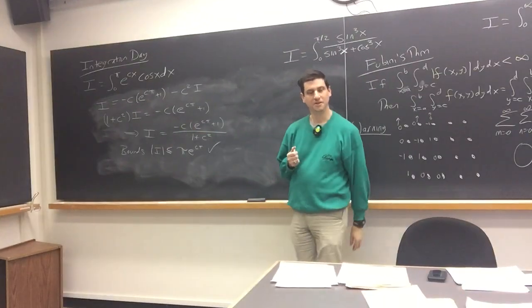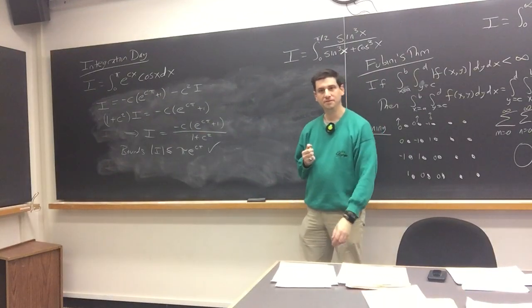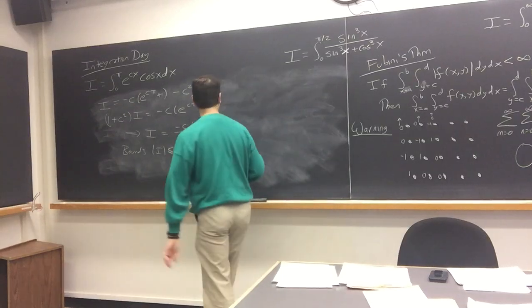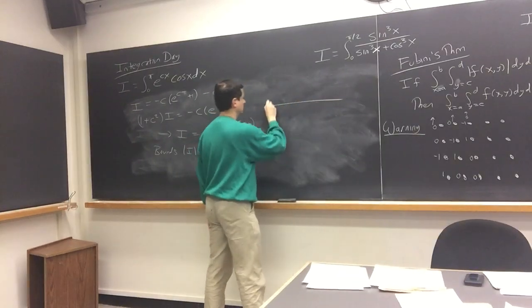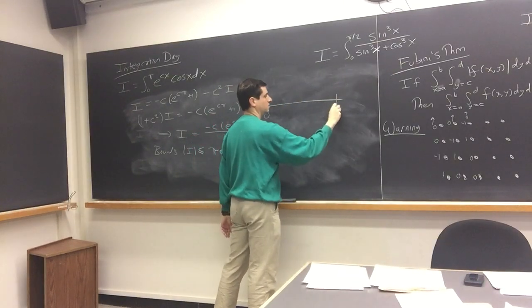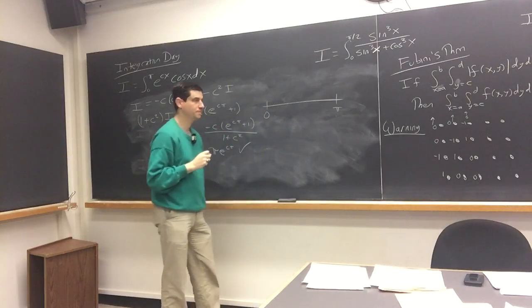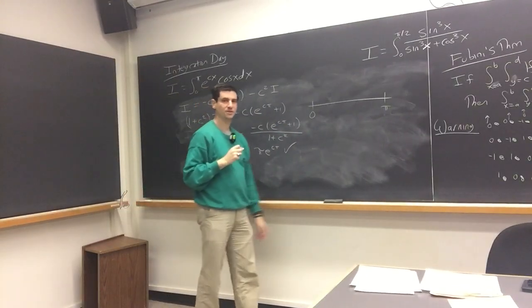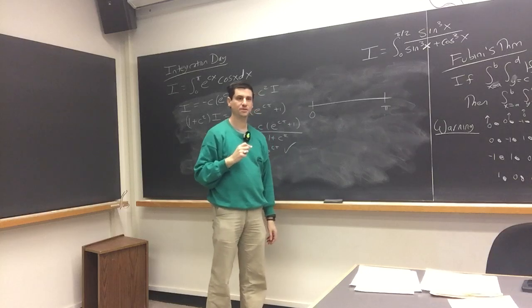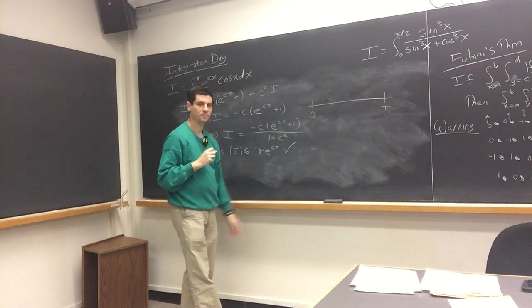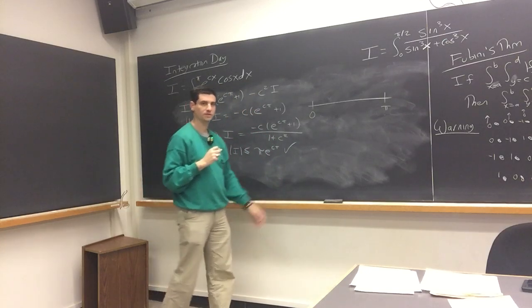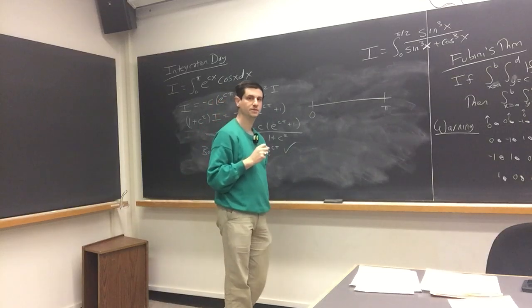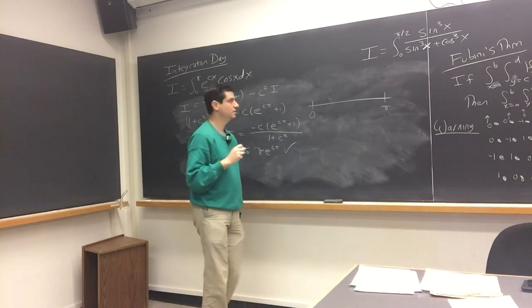Well, we have from 0 to pi over 2, cos x is positive, and cos x is going to be negative from pi over 2 to pi.